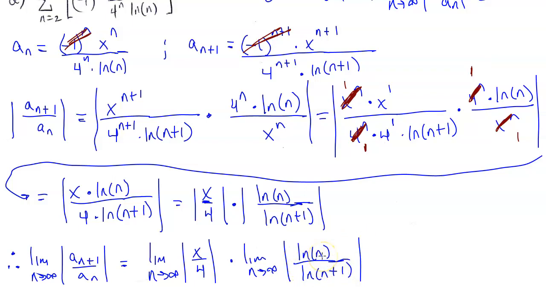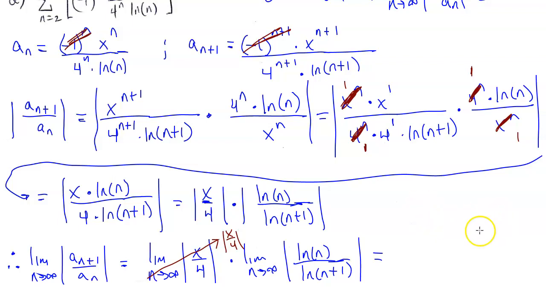Okay, so for starters, we know that this absolute value of x over 4, since n is the limit operator's variable, the x and the 4 both look like constants. Okay, so if we evaluate this limit here, the limit of any constant is just the constant. So this is just going to be the absolute value of x divided by 4.